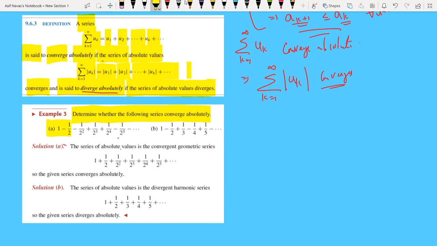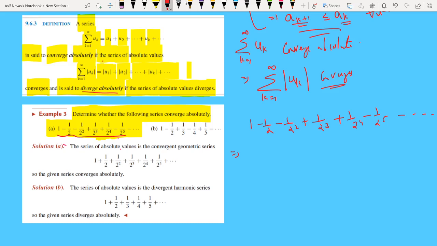The first series is 1 minus 1 by 2 minus 1 by 2 square plus 1 by 2 cube plus 1 by 2 raised to 4 minus 1 by 2 raised to 5 minus etc. So what is its absolute series?